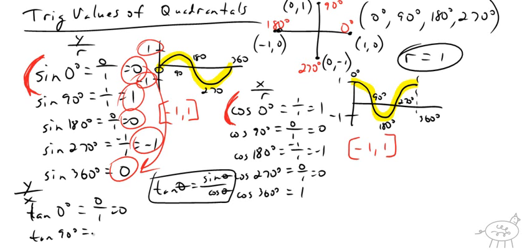Tangent of 90 degrees is 1 over 0, which is undefined. Tangent of 180 degrees is y over x, which is 0 over negative 1, which is 0. And tangent of 270 is negative 1 over 0, which is also undefined.